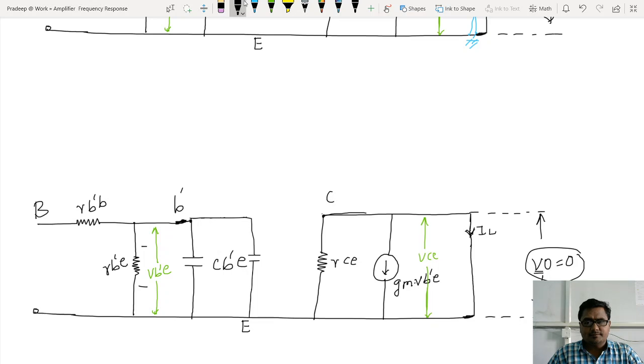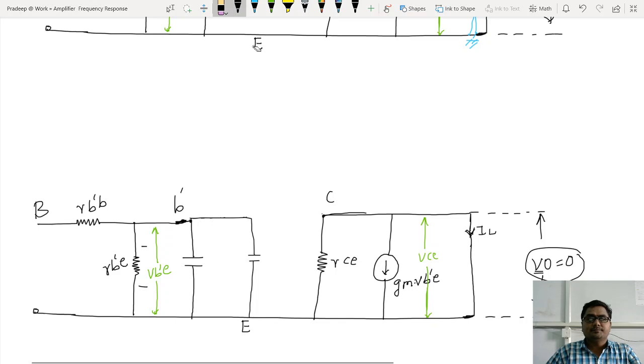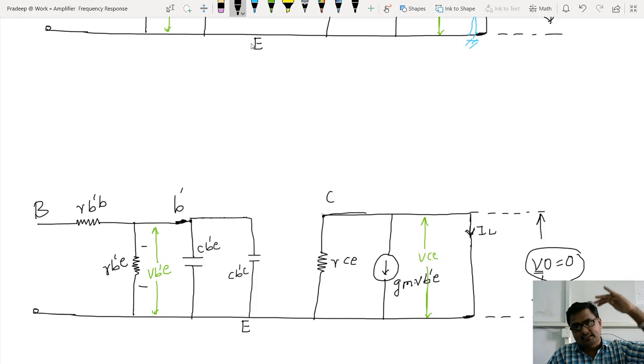The notation that I have to use for the two capacitors: one is CB dash C, another one is CB dash E. Okay, it's going slow, I'll use the stroke eraser. Now this is CB dash E, one capacitor directly connected to the ground.